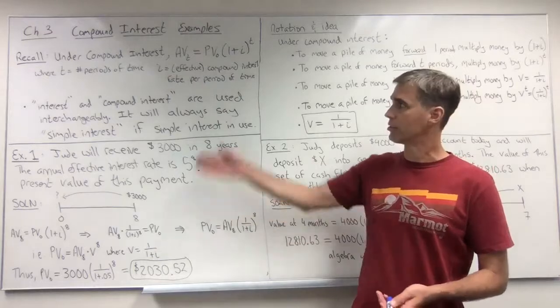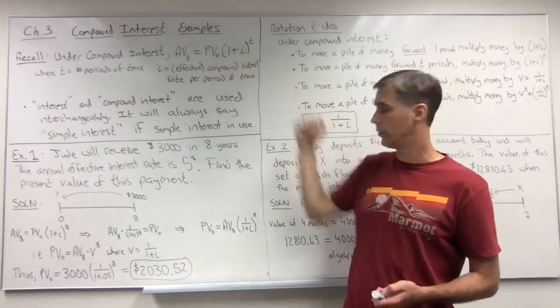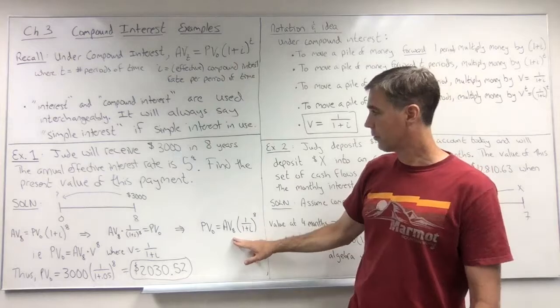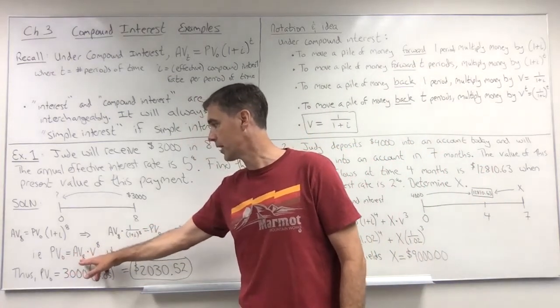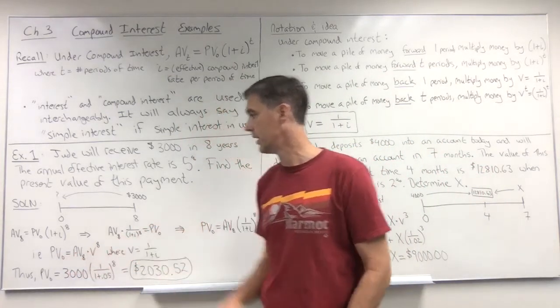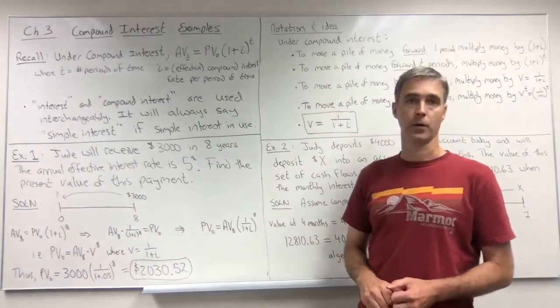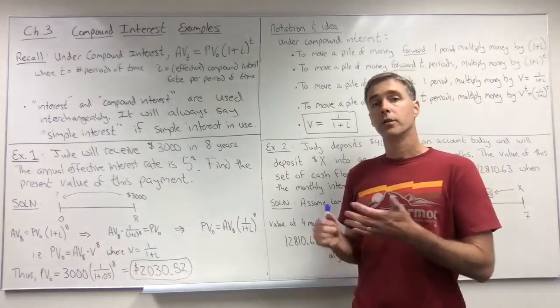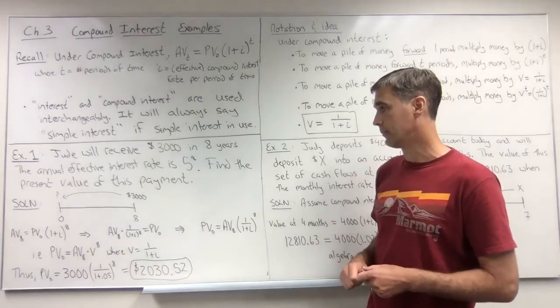No, it's just coming straight from the accumulated value formula, and you're just solving for PV0. From here I can say PV0, the present value, is the accumulated value at time 8 times v to the 8th, where v is that fraction 1 over 1 plus i. We're going to use v a lot, so that's why I've introduced it in this example.